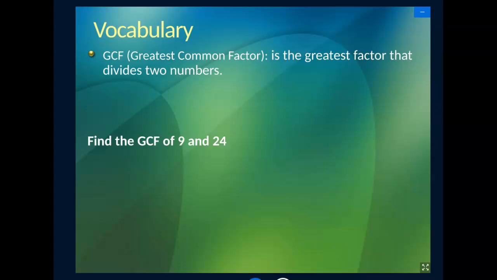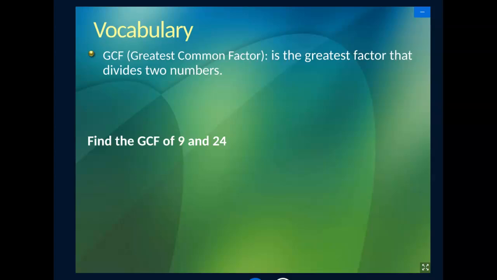Now that we have approached Algebra 2, a GCF's definition can expand upon that. It is the greatest factor that divides two numbers or variables. So again, we're expanding on what we already know and adding to it now in Algebra 2.